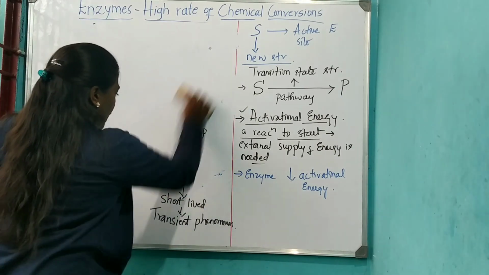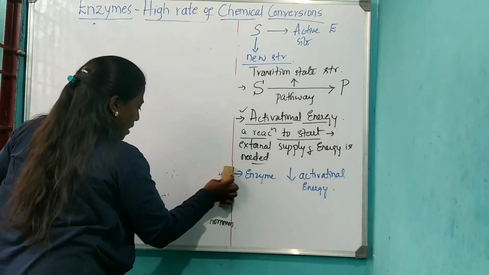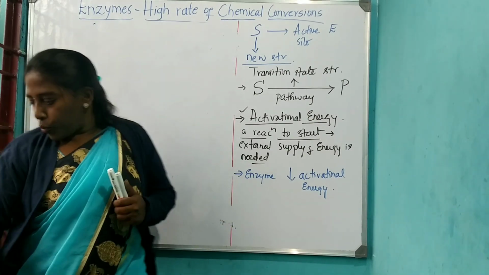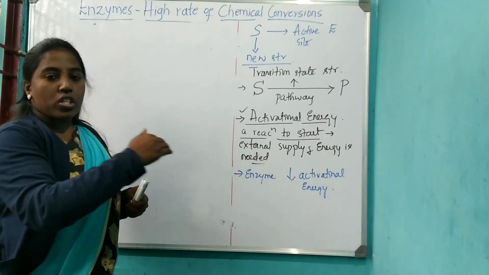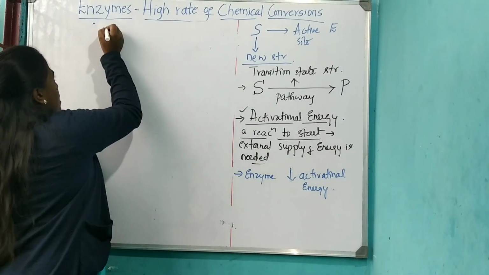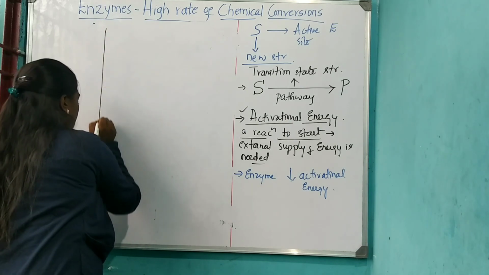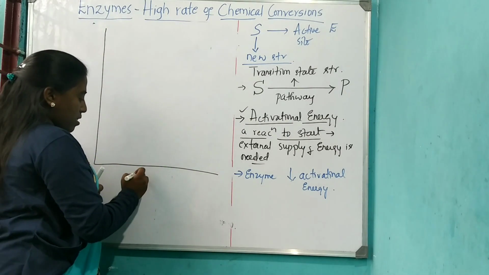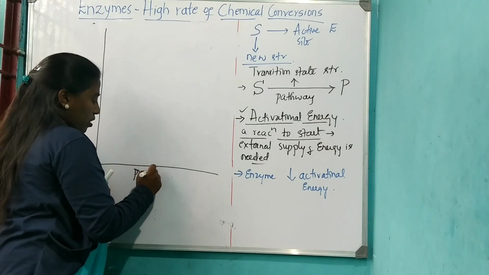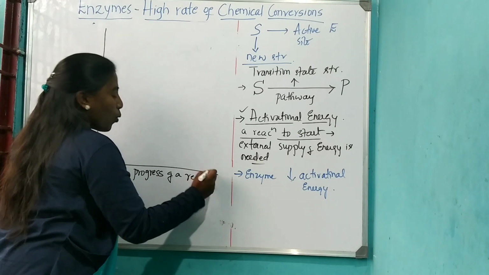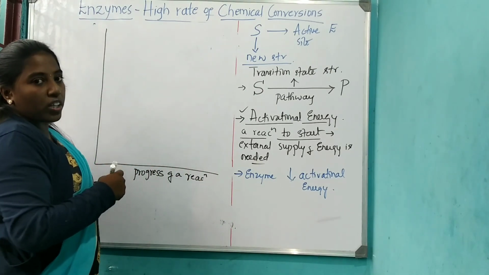Here in the graph we'll have an x-axis and a y-axis. On the x-axis I'm going to take the progression of the reaction, and on the y-axis I'm going to take the potential energy. So the x-axis represents the progress of a reaction, and the y-axis represents the potential energy.